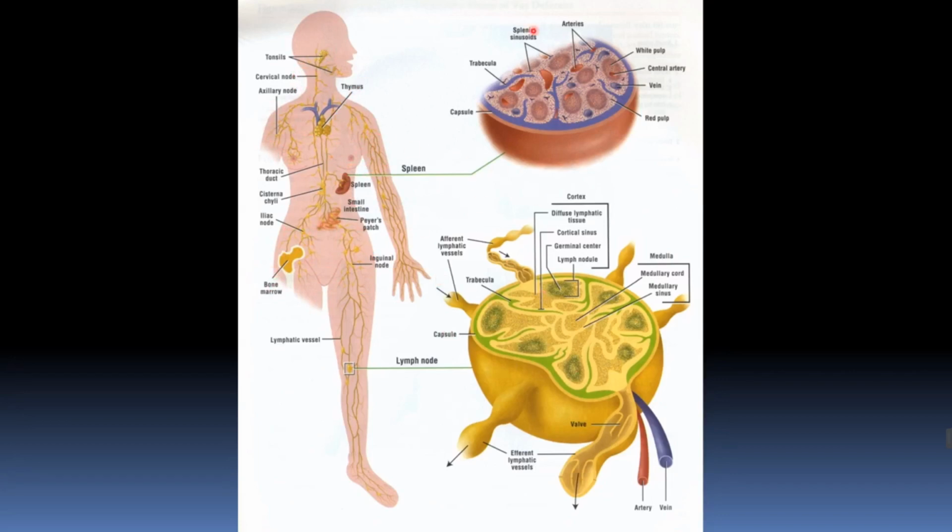The other one is the spleen. The spleen is a little bit more troublesome for students. It's completely disorganized, and that's the nature of the spleen itself. When we're looking at a lymph node, for example, it's an organized organ. It has structure to it, which makes it very easy to understand. The spleen, on the other hand, doesn't have that.